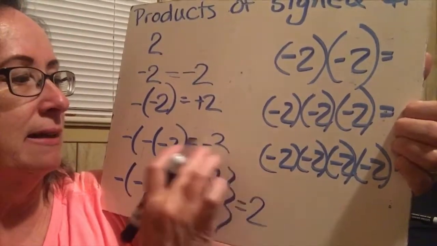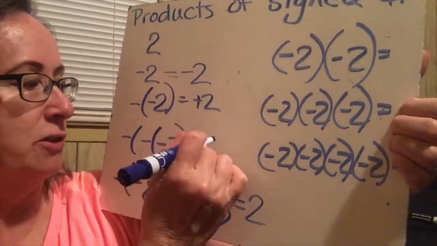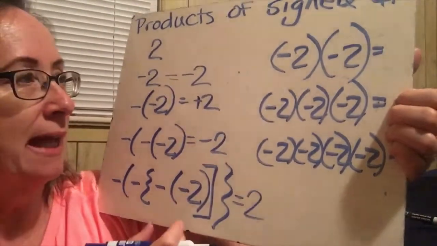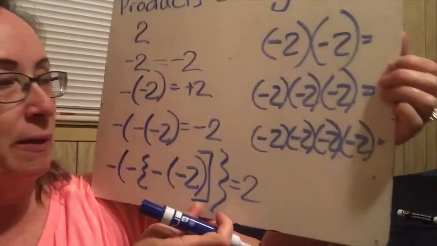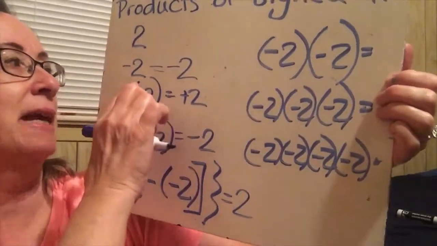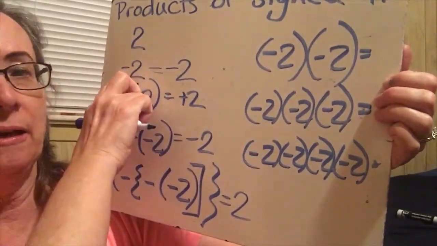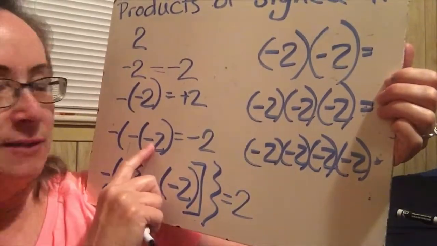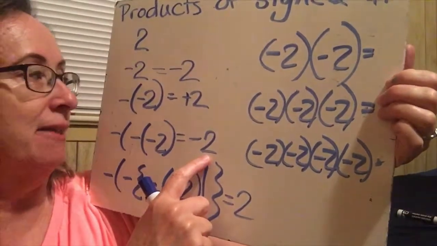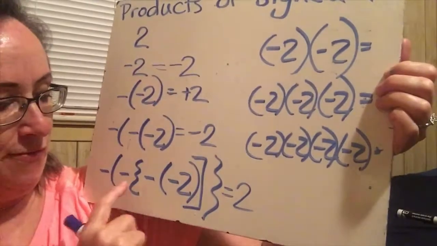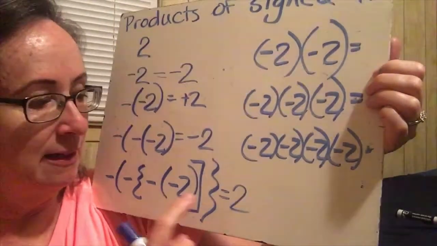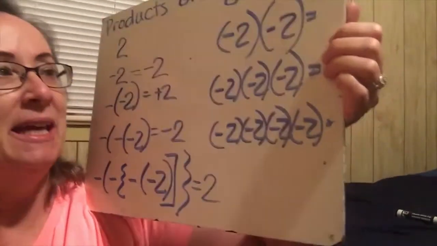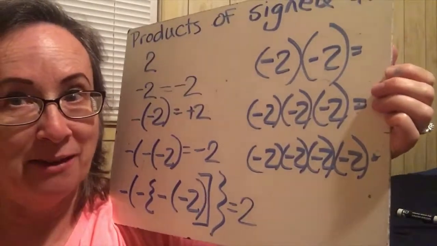All right, so basically what they're wanting to see is that when we have 1 or 3 negative signs stacked, we're going to get a negative. But when we have 2 or 4 negative signs stacked, we would get a positive 2. So we're coming up with a pattern, aren't we?